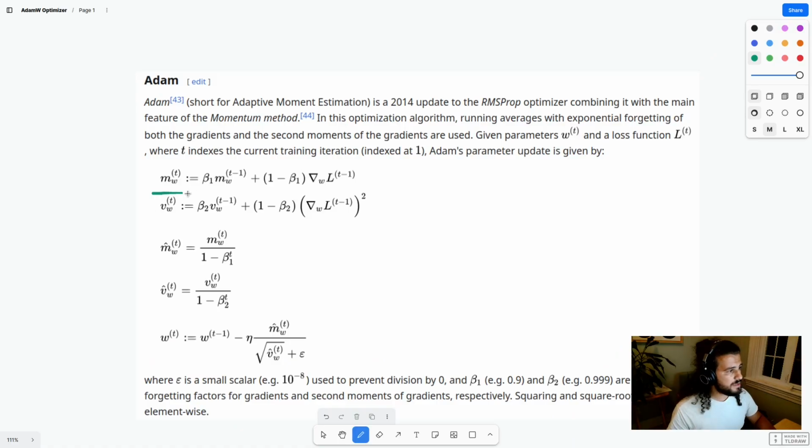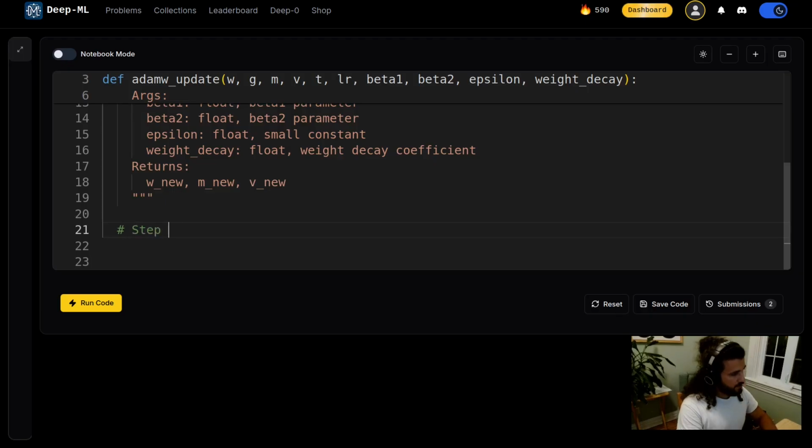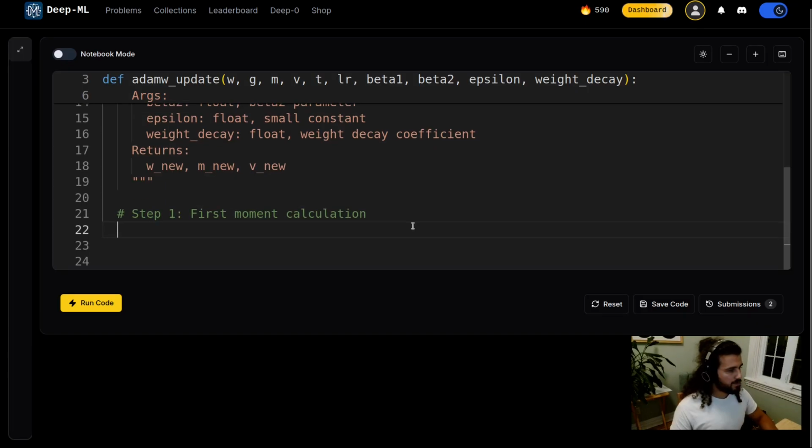Step 1 is to calculate the first moment. This one is pretty simple. It's m equals beta 1 times m plus 1 minus beta 1 times g, which is the gradient.